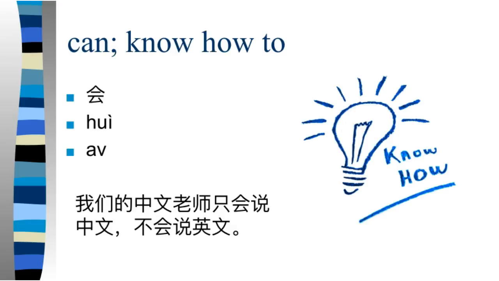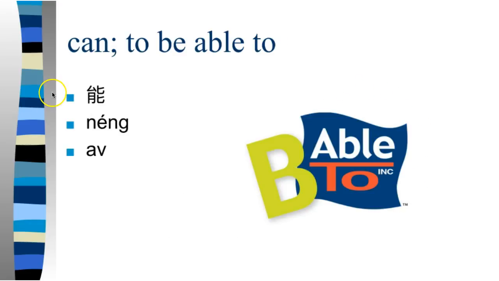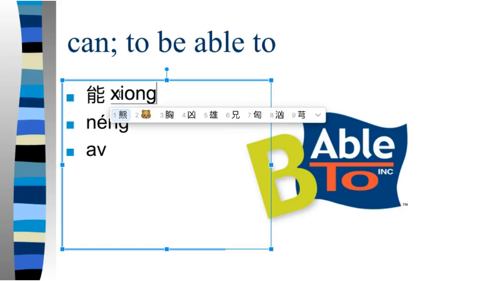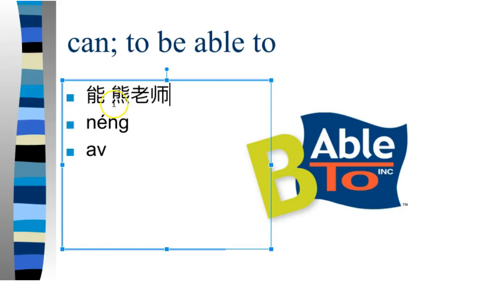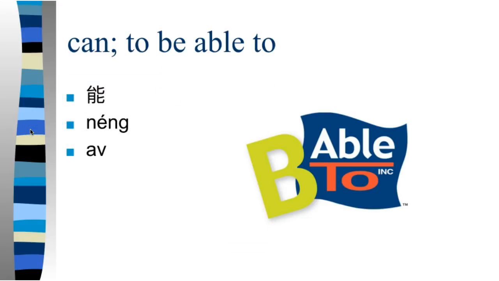There's another way to say can in Chinese, which is 能. If you see 能, it's actually 熊老师's name without the 4 dots under it. 能 means can, but in a different sense from 会. 能 means to be capable of doing something in a certain situation.